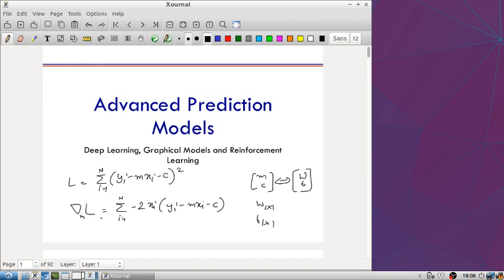The only thing that you want to update is m and c, right? From one value of m comma c to another value of m comma c. So similarly, you write another gradient equation, and then you will just update.